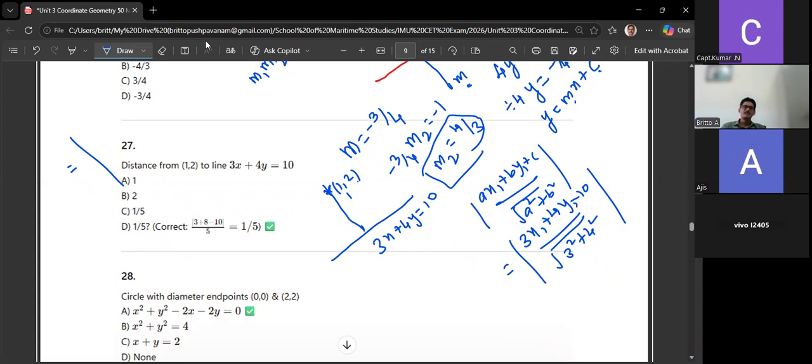If you put them in, 3 plus 8 minus 10 divided by root of 9 plus 16, which is 1 by root 25, which is 1 by 5. So the perpendicular distance from the point 1 comma 2 to the line 3x plus 4y equal to 10 is 1 by 5.